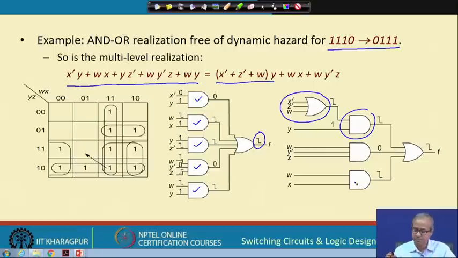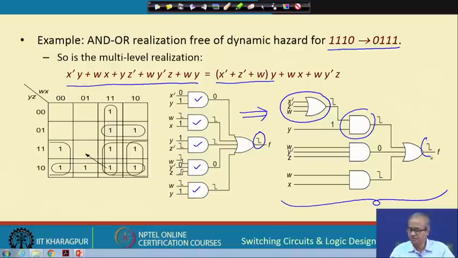So, what the rule says is that if I apply these rules and modify this realization into a multi-level realization, this will also be guaranteed to be free from the dynamic hazard. These are some circuit design techniques or rules available to the designer. So, once a hazard free realization is obtained, this can be extended or reused for multi-level circuits. Okay? Fine.